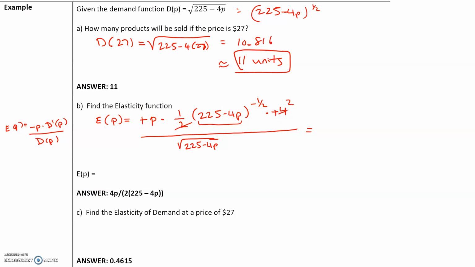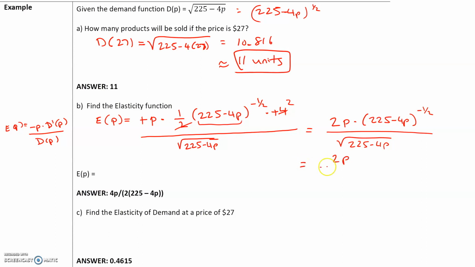So here's what we're left with: 2p times 225 minus 4p raised to the negative 1/2 power, divided by the square root of 225 minus 4p. But remember, we cannot leave a negative exponent. This goes to the denominator and becomes a positive 1/2 power, which is a square root.